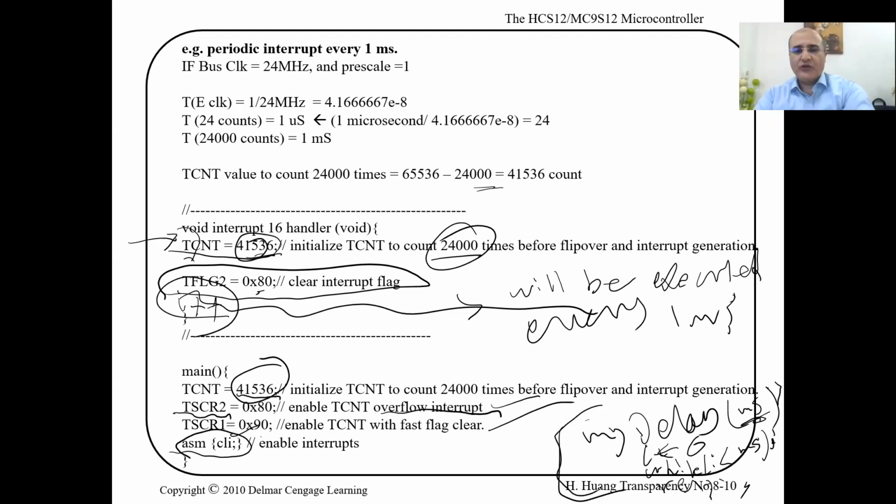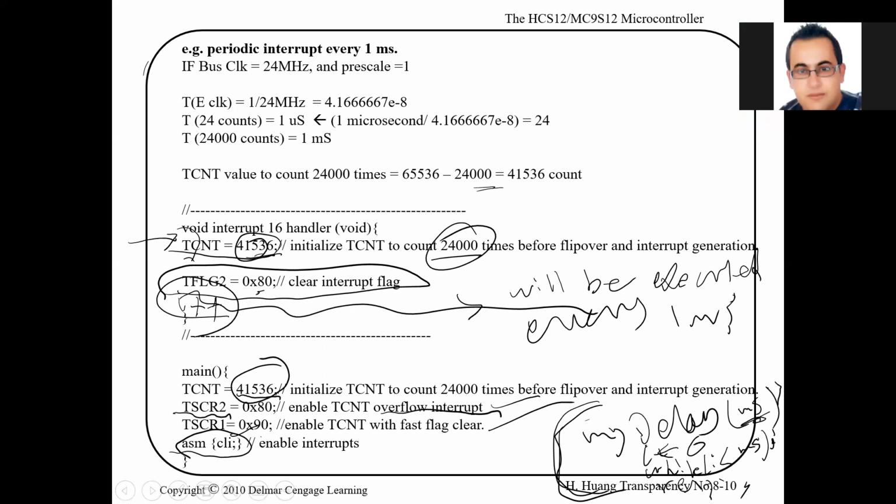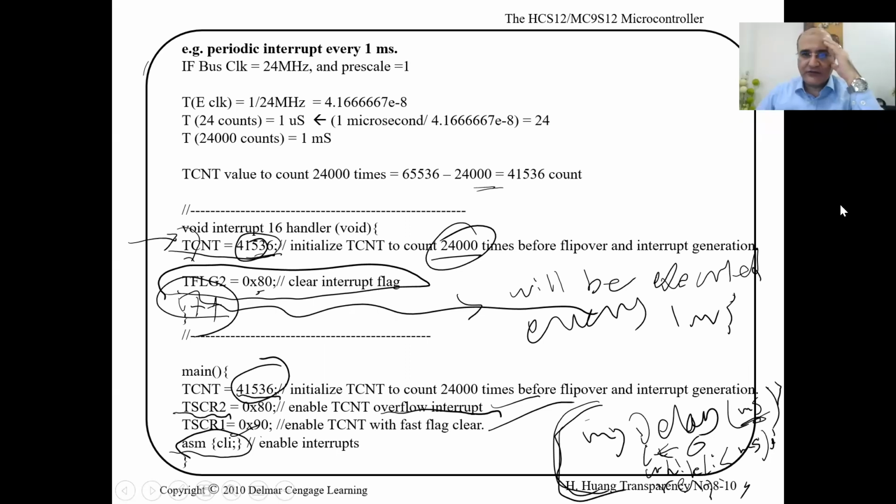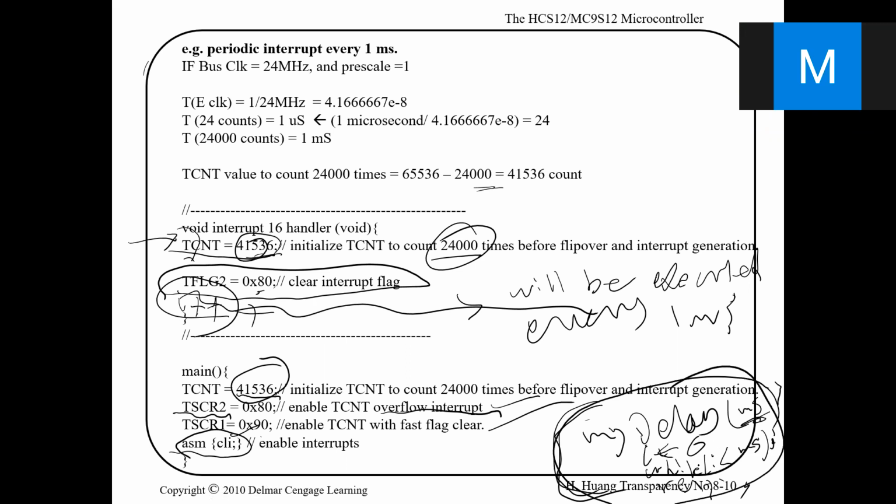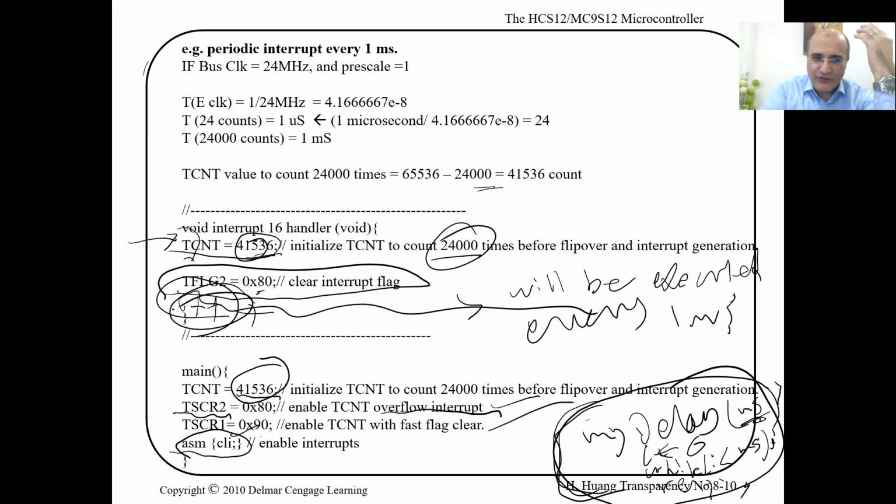Stay stuck here. When you're done, return. So we can write hardware-based delays here, using the Tcnt periodic interrupt. Clear? I'm just giving an example of application.